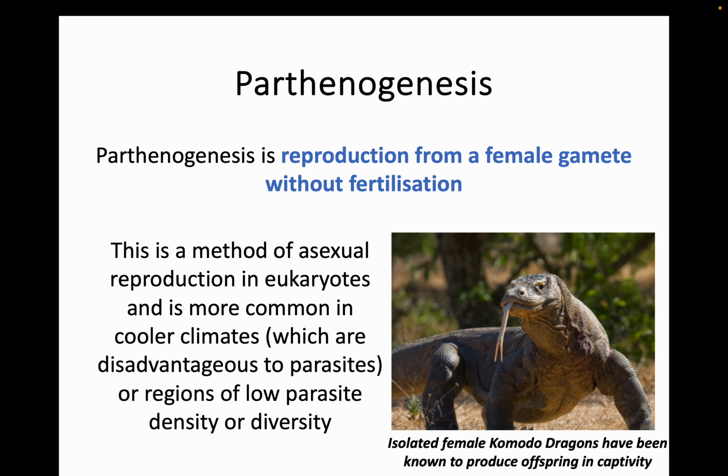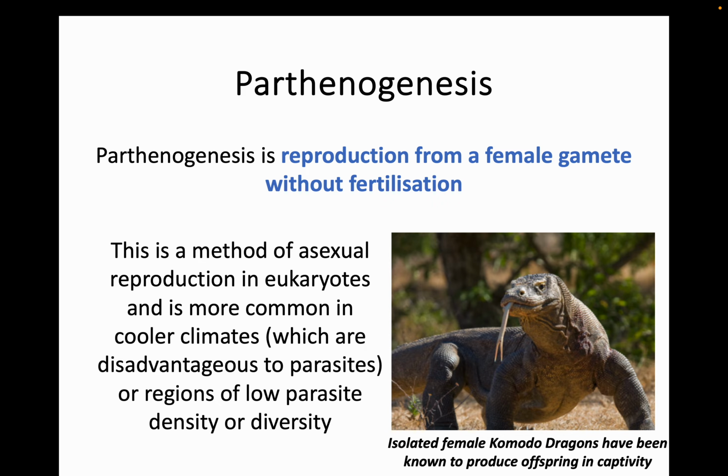So this is a form of asexual reproduction that can be done in eukaryotes. It is far more common in colder climates, which are areas far less likely to have any form of parasites, or regions where there are just no parasites going on.